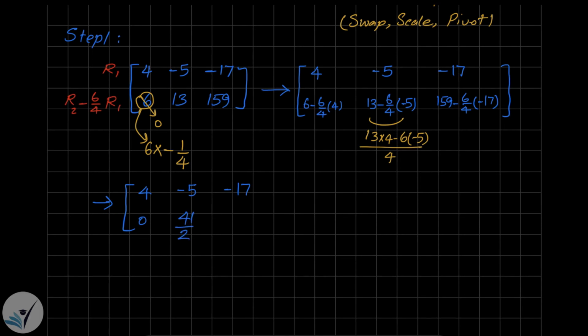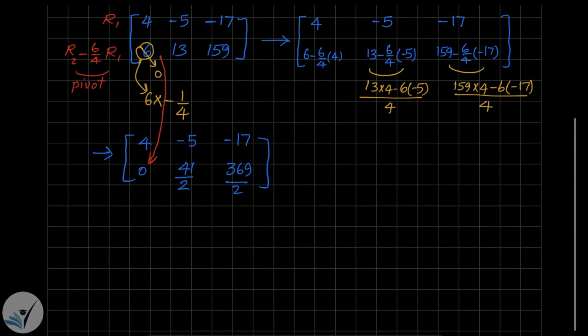And the last entry, we have 159 times 4 minus 6 times negative 17 divided by 4. And the result would be 369 divided by 2. So here in this step, we applied this pivot operation on the second row and we transformed this number 6 here to 0. Let's move on to step 2.